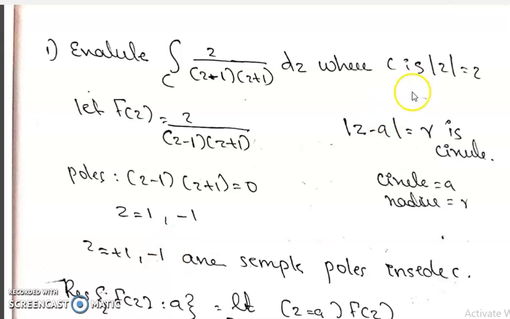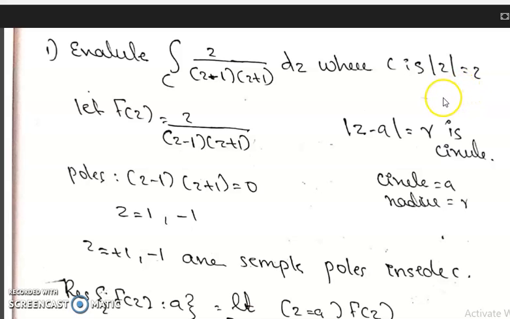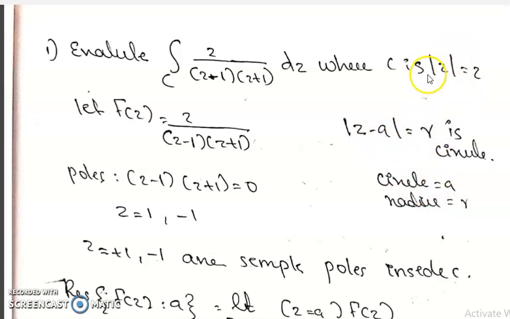Why do we say it lies inside the curve C? The curve is mod z equal to 2, and mod z minus a equal to r is a circle where a is the center and r is the radius. So comparing with this, we can identify this as a circle.